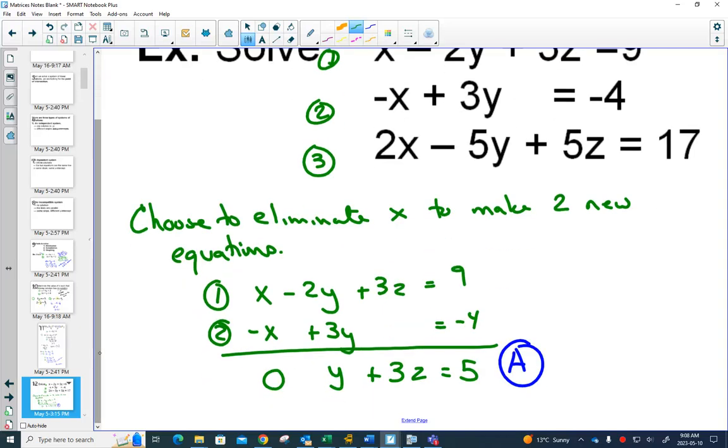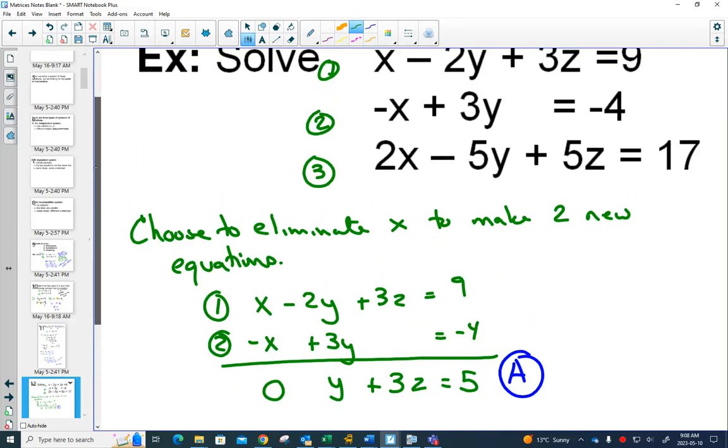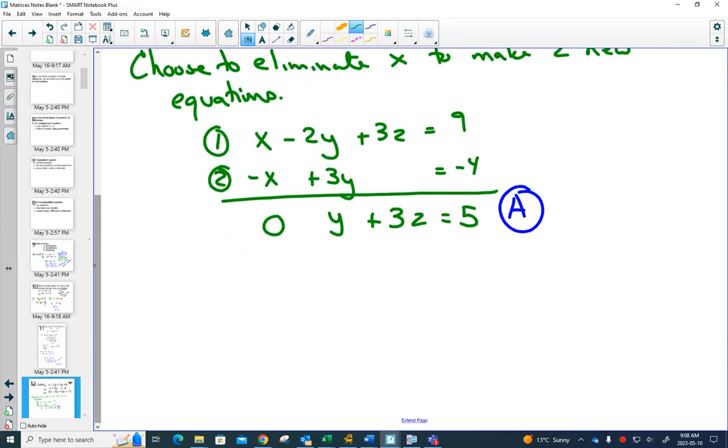I'm also going to choose another one to eliminate. I'm going to use equation 2 and equation 3, and I'm going to multiply equation 2 by 2. So equation 2 is now negative 2x plus 6y equals negative 8.